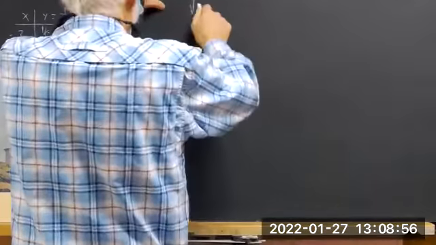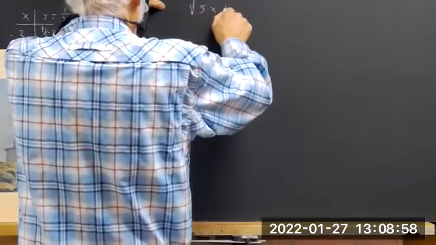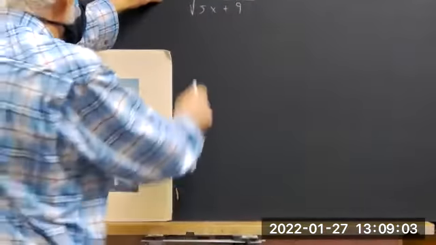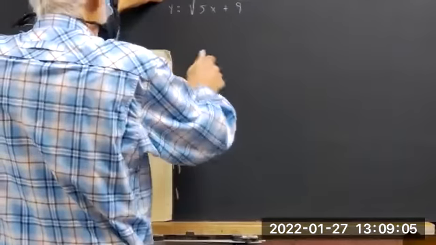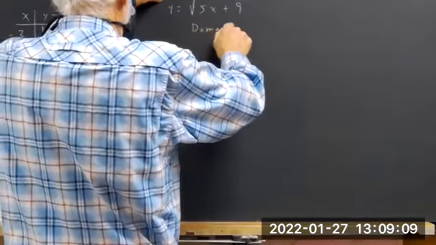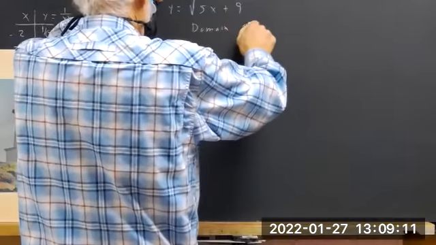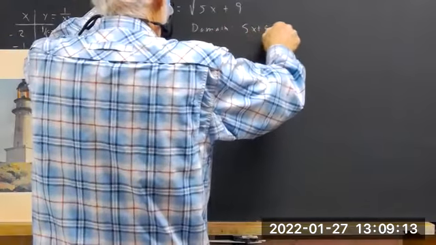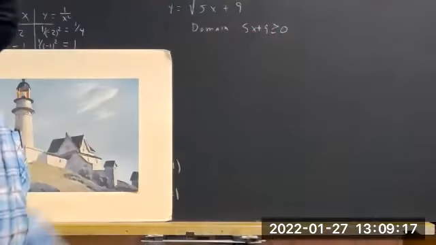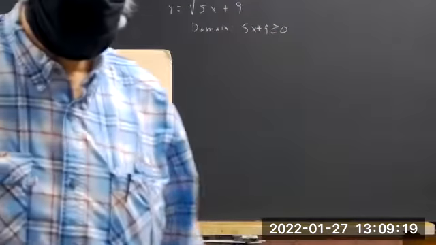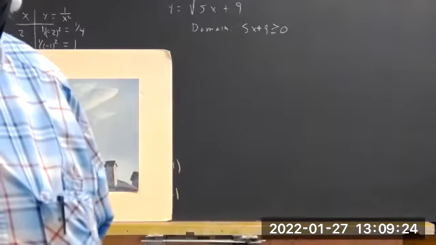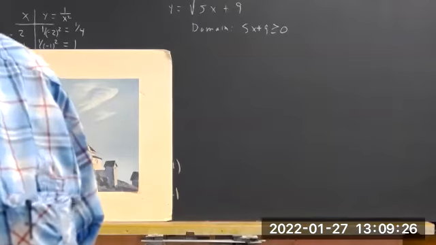What about this one? This is the square root of 5x plus 9. The domain is restricted by the fact that the thing you take the square root of can't be negative, so it's got to be greater than or equal to 0.